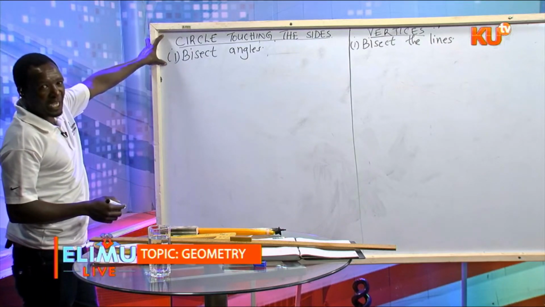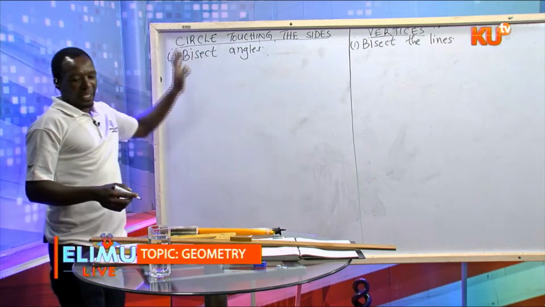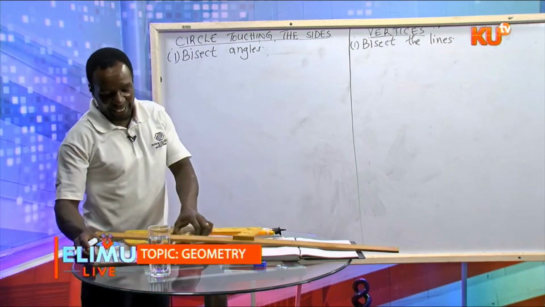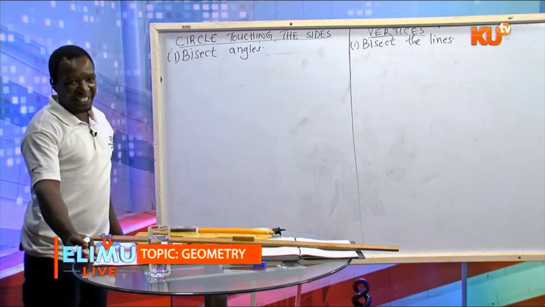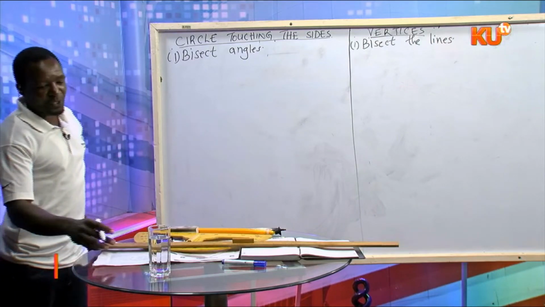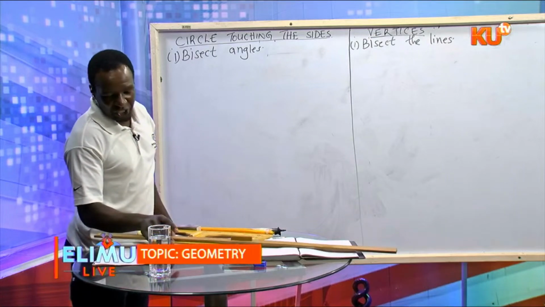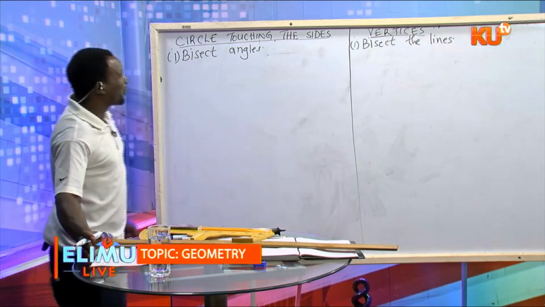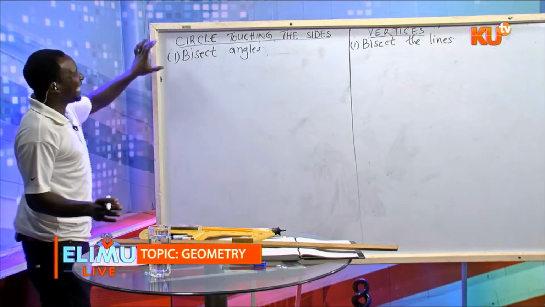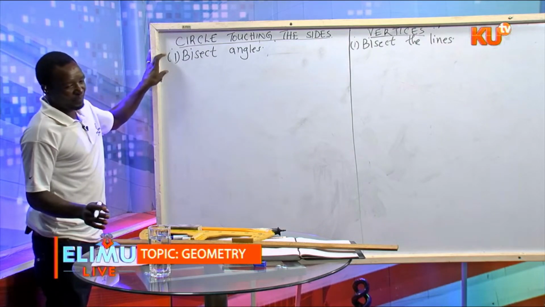And if you look at our KCPE 2010, 2011, 2012, 2013, there were so many questions. Each year there was a question on bisecting angles. So you should know how to bisect angles.